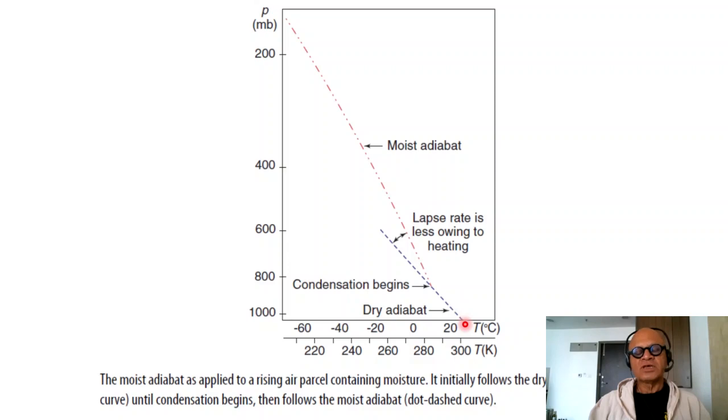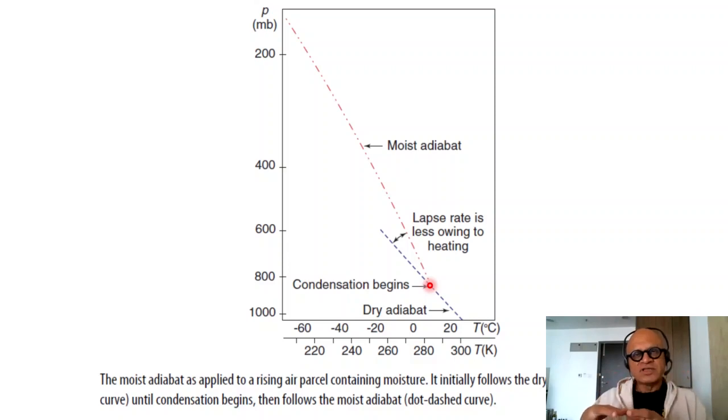Then the air parcel begins to rise along a dry adiabat, which has a lapse rate of almost minus 10 Kelvin per kilometer, whereas once it hits the condensation level and the water within the air parcel, which is expanding and cooling because of the decreasing pressure, condenses, the condensing water vapor releases heat.